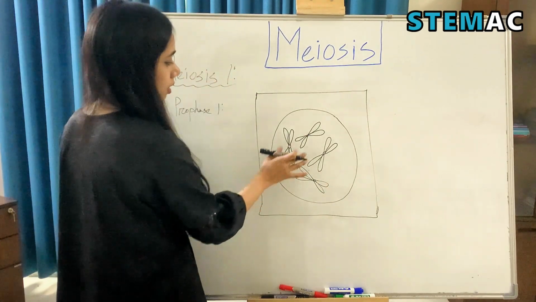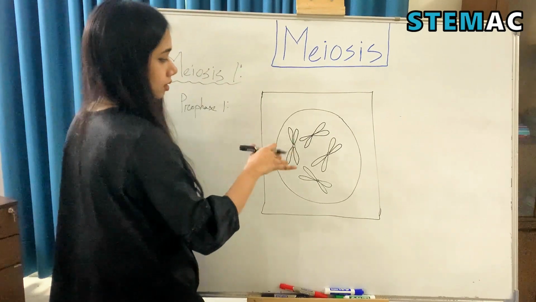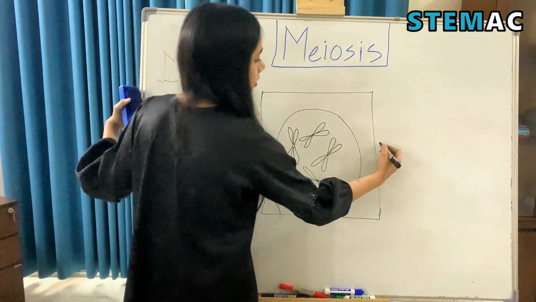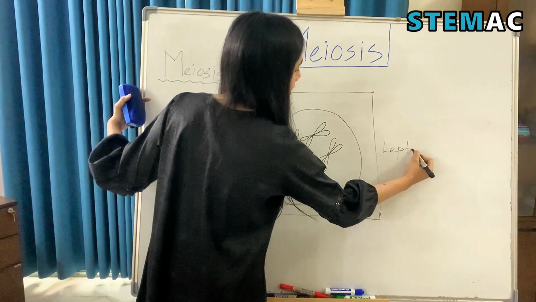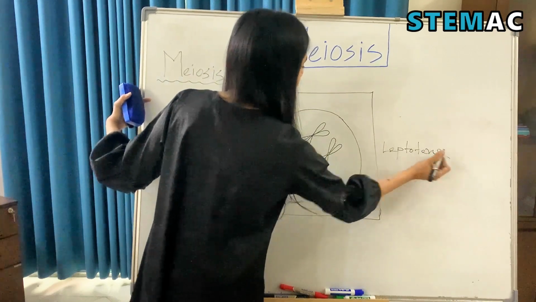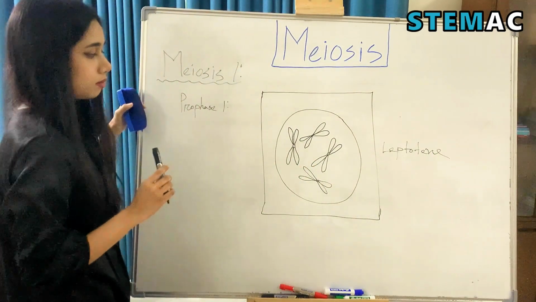Now we can see that the chromatins have condensed into these chromosomes, and this happens in the leptotene phase of prophase 1.